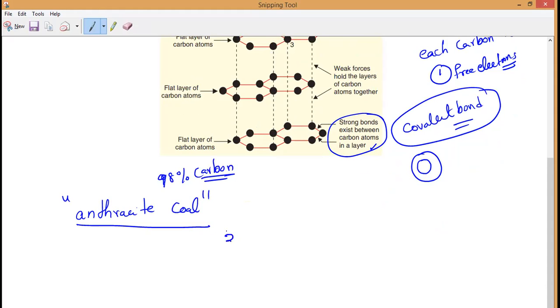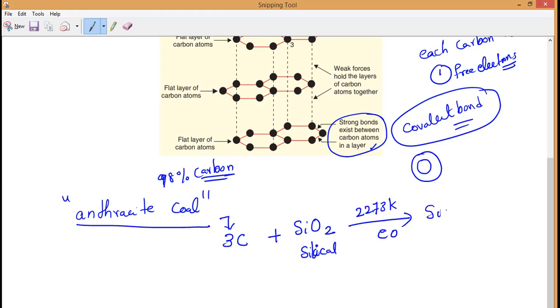If this anthracite coal is heated with silicon dioxide, which we call silica, at a temperature of 2273 Kelvin, using even carbon monoxide as a catalyst, we get silicon carbide, and if you heat again at around 2273 Kelvin, we get carbon plus silicon separately.